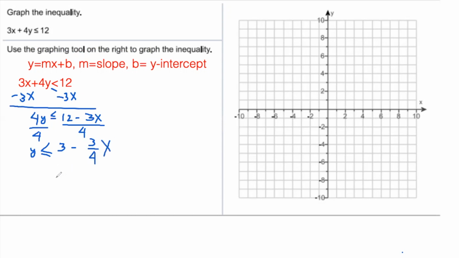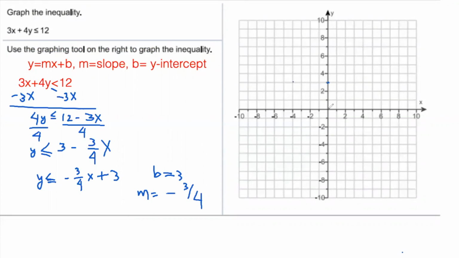So if we write it like y equal to mx plus b, then it will be y is less than or equal to negative 3 over 4 x plus 3. So if we look at it, then our m is negative 3 over 4 and b is 3.